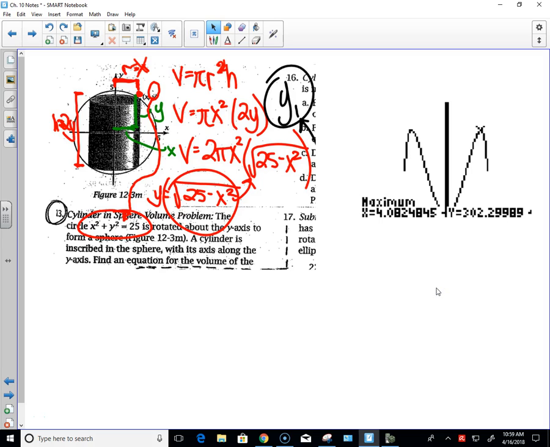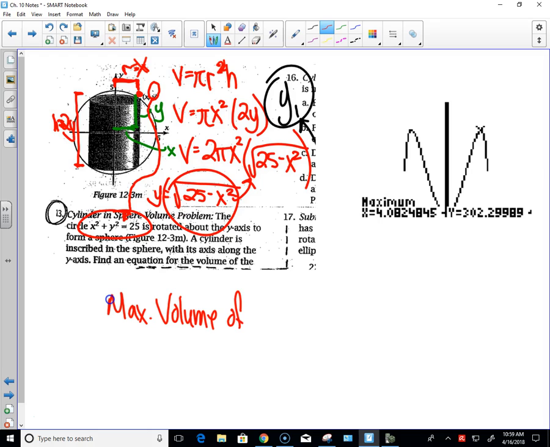So what's the final answer? There's a maximum volume. This is like the worksheet I handed out to you about the max at, or we could say when, the maximum value of the volume.